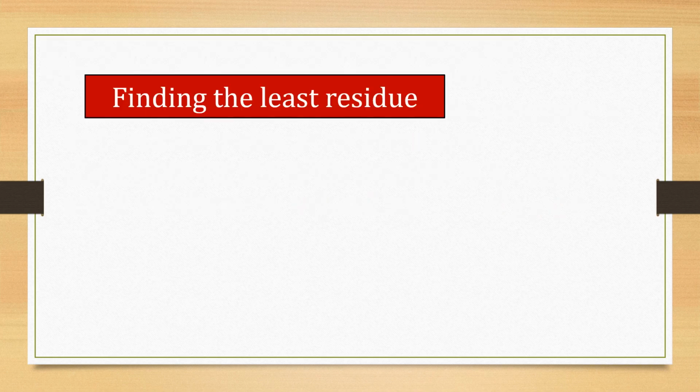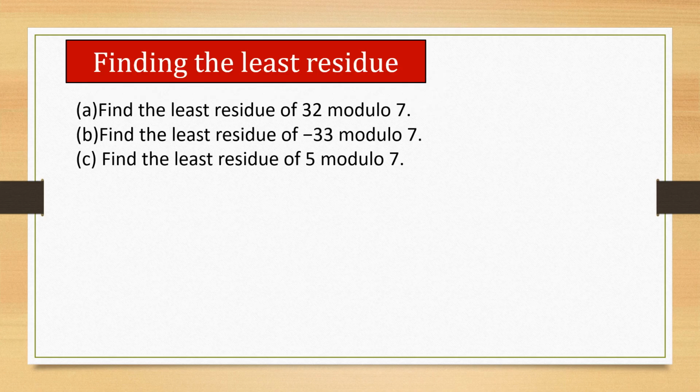Now the procedure for how to find the least residue. I have taken 3 questions, and through the examples we can understand how to find the least residue. First: find the least residue of 32 modulo 7.